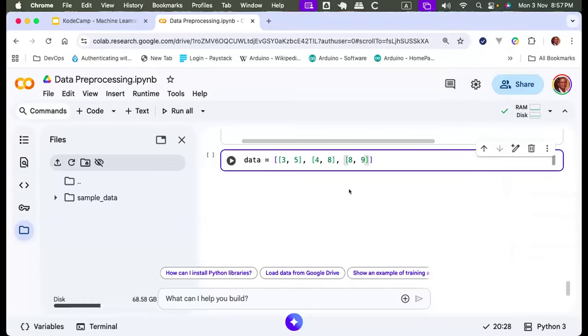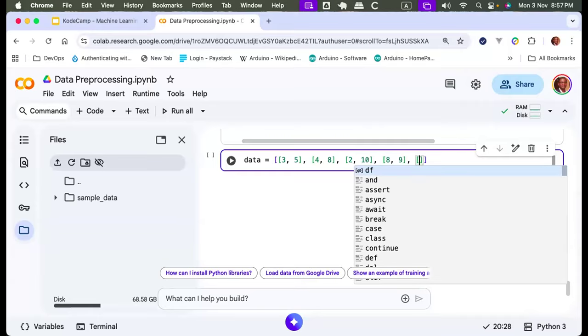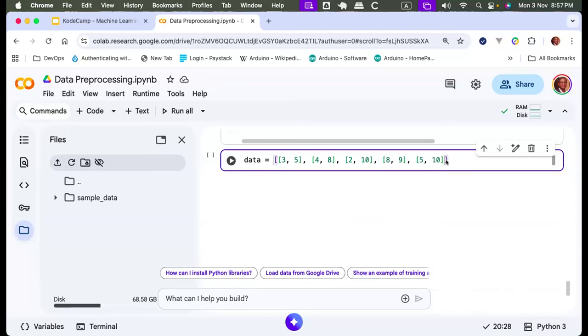So 4 and 8, 2 and 10. Then 8 and 9. Then 5 and 10. Then 6 and 9. So this is the data that I want to predict.